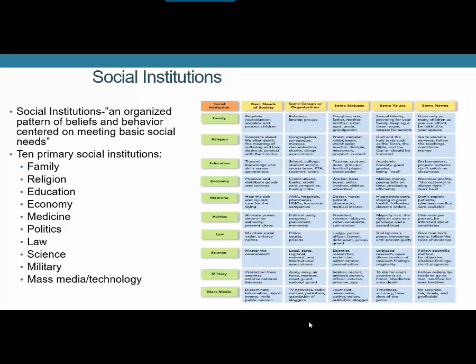And you don't have to think about it for this one, because unlike statuses, social roles, and groups, which can vary person to person, social institutions are pretty much consistent for everyone in society. They might vary society to society, and what they look like definitely varies society to society. But this is not one of the ones that you as an individual get to establish. This part of the social structure is not unique to you as the individual.